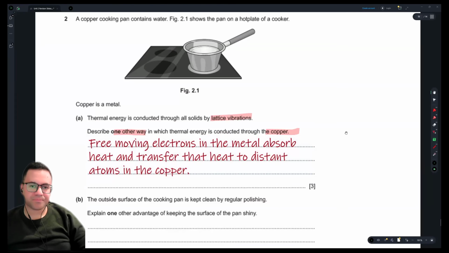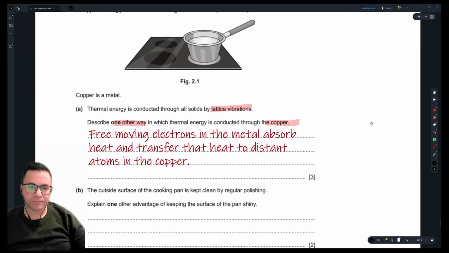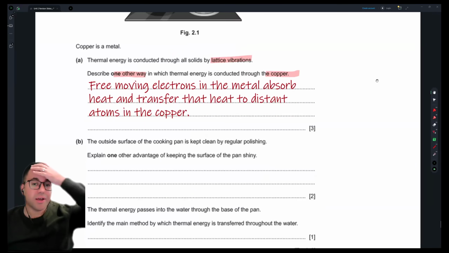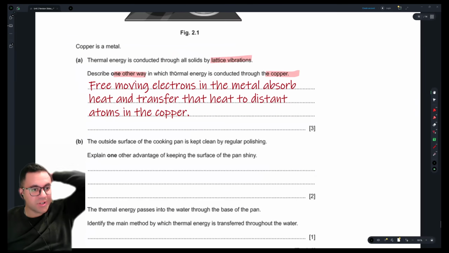By the way, electrons is probably worth a mark. Saying that they're free moving is probably worth the second mark. And transferring heat to distant atoms is worth the third.